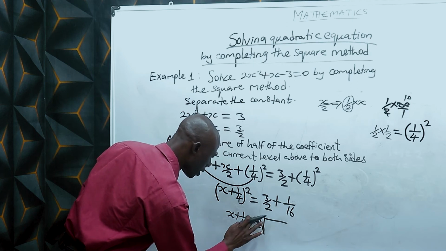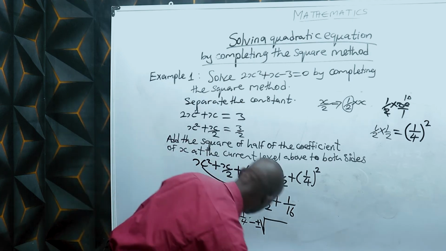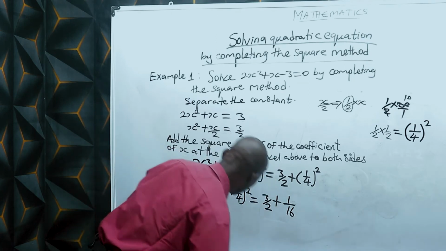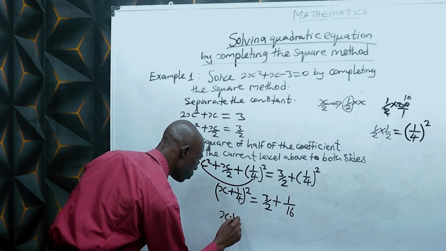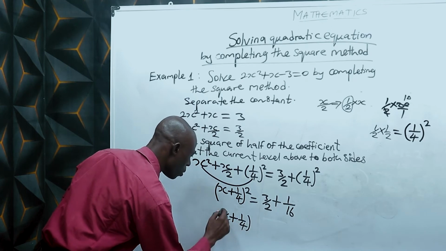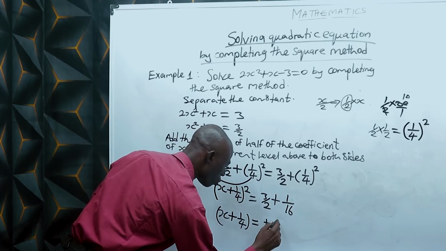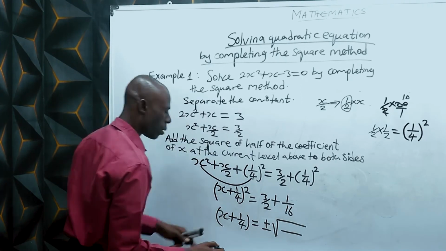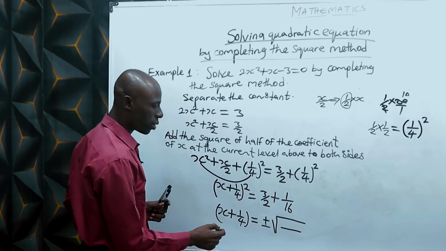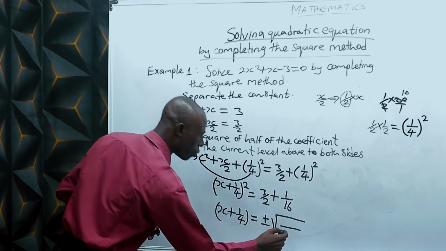So you have x plus 1 over 4, which is equal to plus or minus square root of, you find the LCM of this. Finding the LCM of this, you have 16.